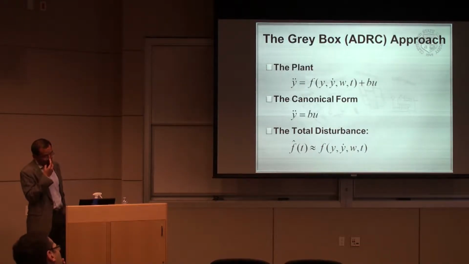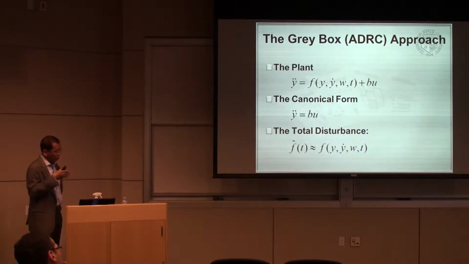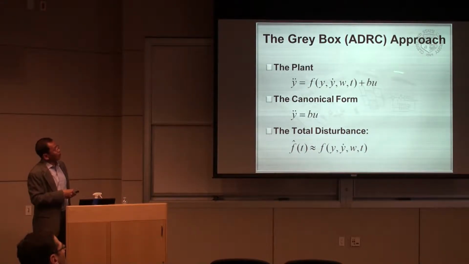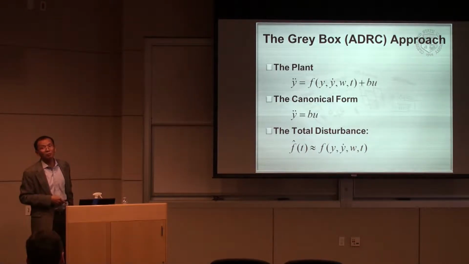So what do we do here? Well, we come in the middle. We're saying, hey, this is the plant we're dealing with. Right? This is the ideal plant without all this. We design a controller for this. Right? And if somehow we can estimate this total disturbance, we can reduce the plant to this form, then our controller for this ideal form would work.